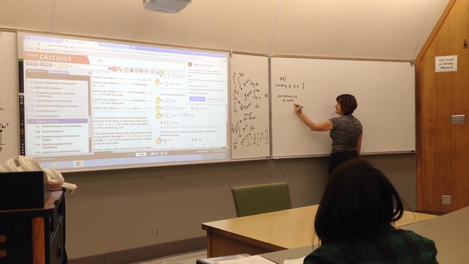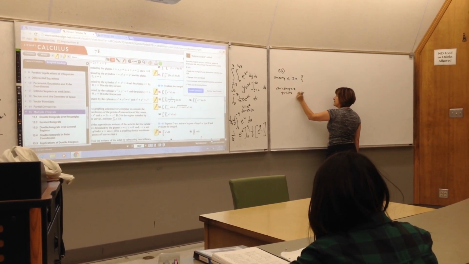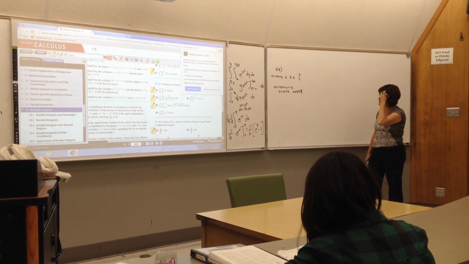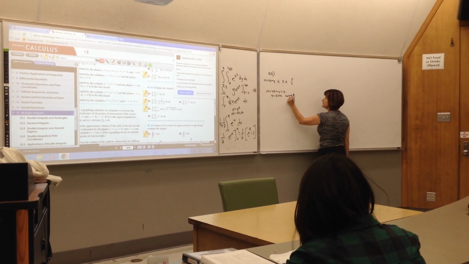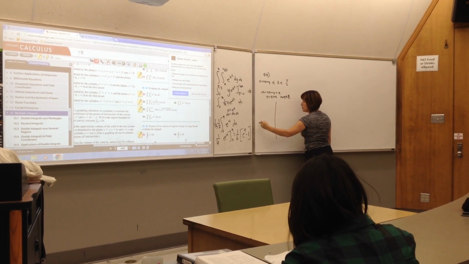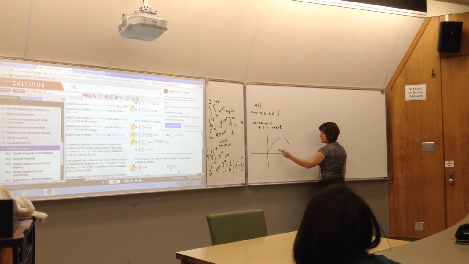These are not exactly the same. They're only the same when x is between 0 and pi over 2. But anyway, so we have y equals the sine of x, so like this, between 0 and pi over 2.